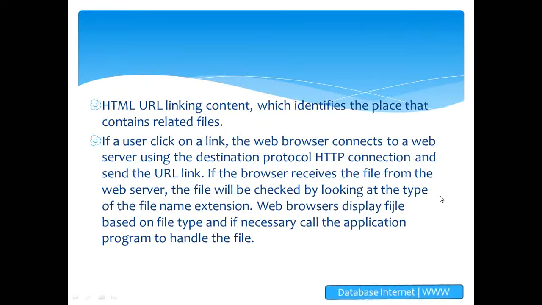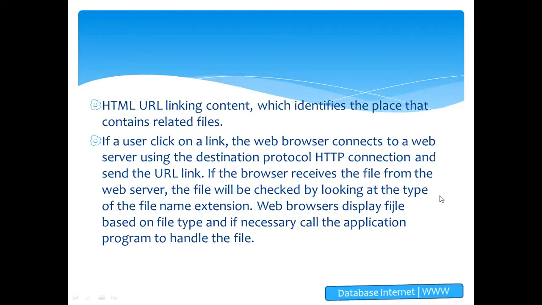The browser displays the file based on file type and, if necessary, calls an application program to handle the file. So sometimes if we go to a link that contains a PDF document, it will be handled by a PDF viewer.